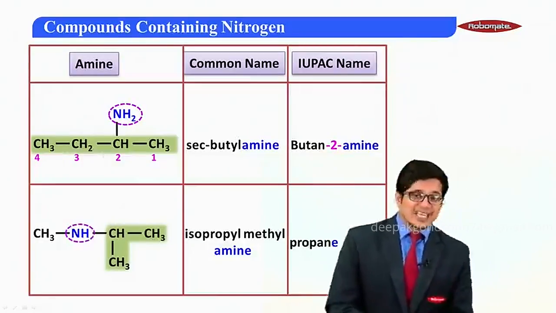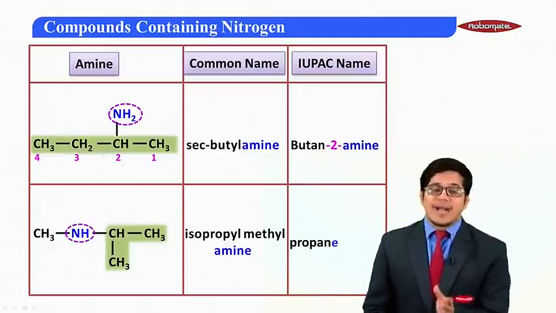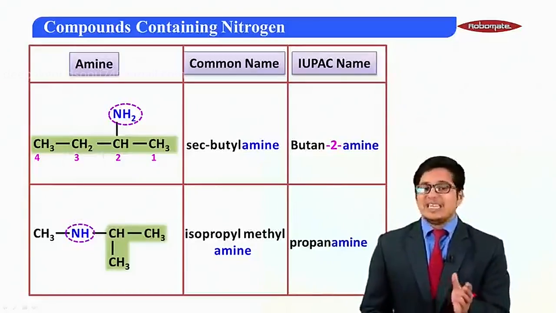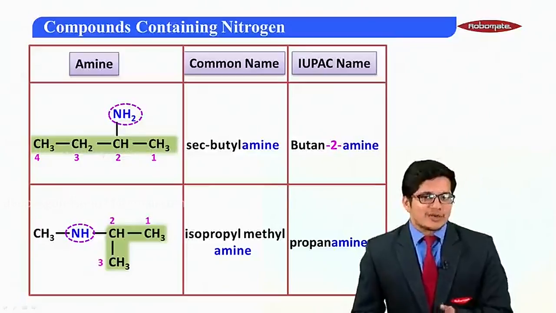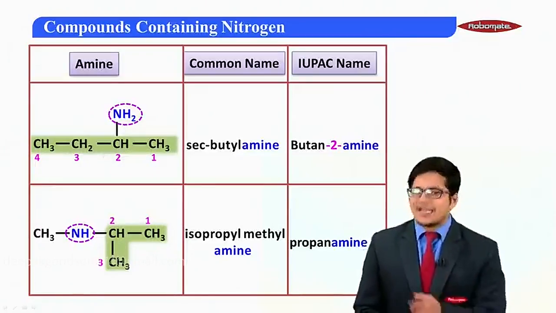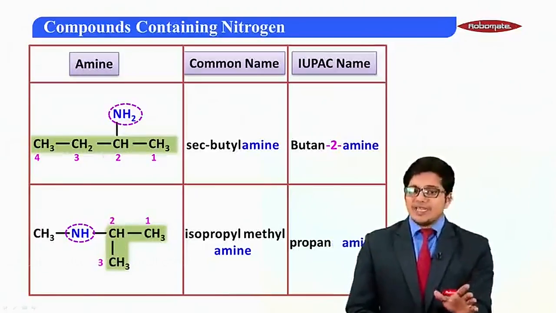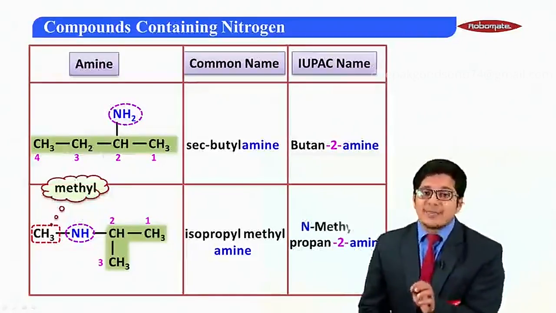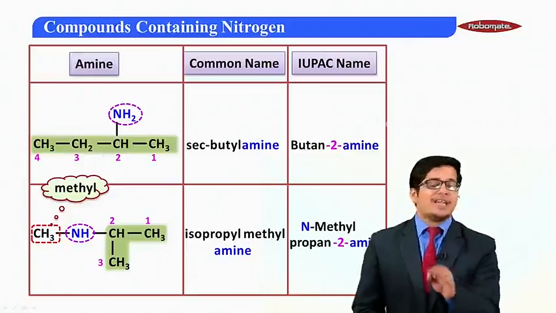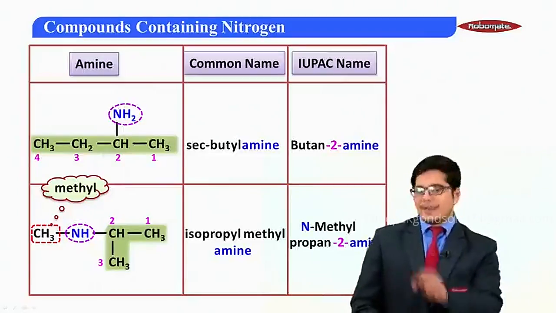On the second carbon atom, you have an amino group. So definitely E removed, amine placed over there. But as an N substituent, what do you have? You have a methyl. So the entire name would be propan-2-amine attached with N-methyl. So it is N-methyl propan-2-amine.